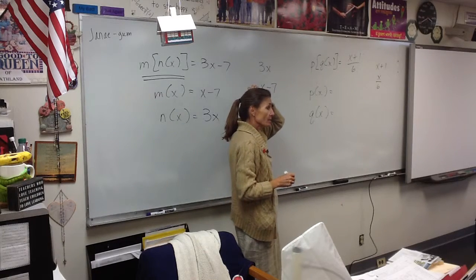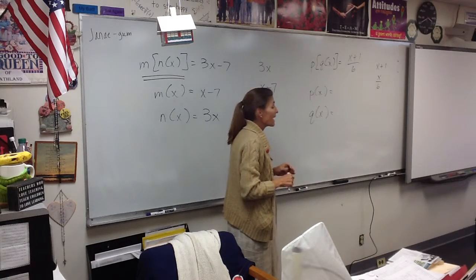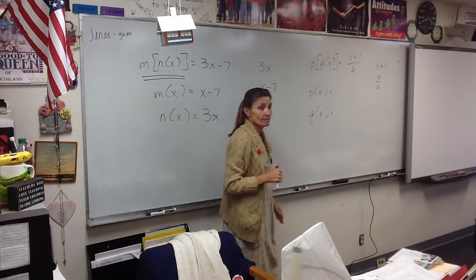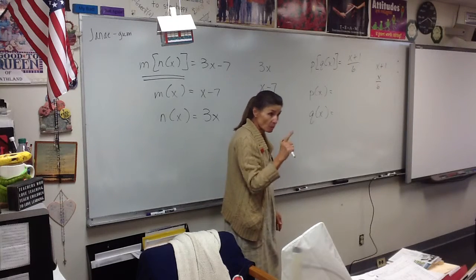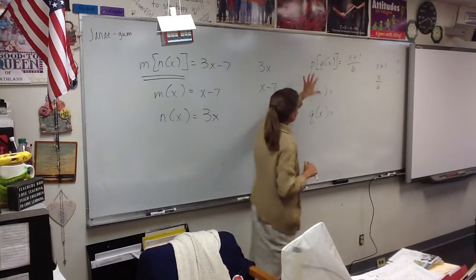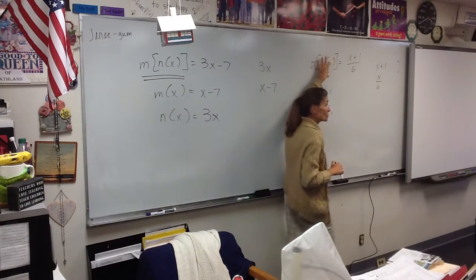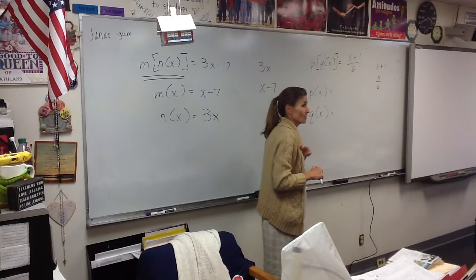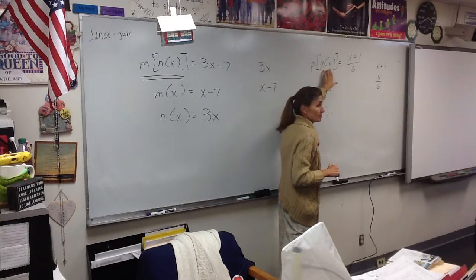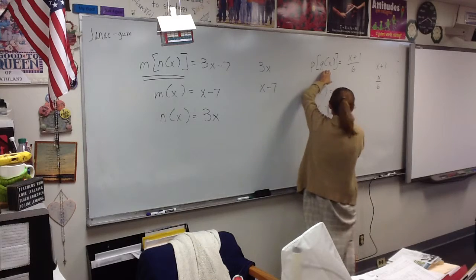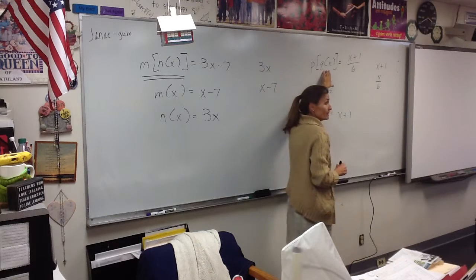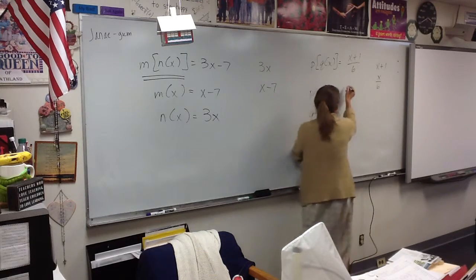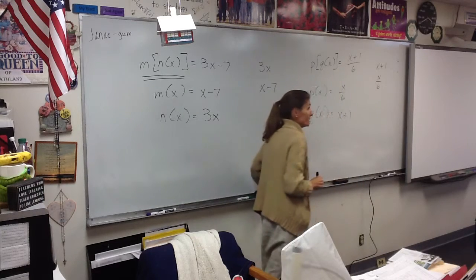Quit throwing things, Erica. Sorry. We're going to add 1 and divide by 6, in that order. So now look at the setup of the problem. Which function comes first? Q, right? So Q has to be the function that adds 1. And then P will be the function that divides by 6.